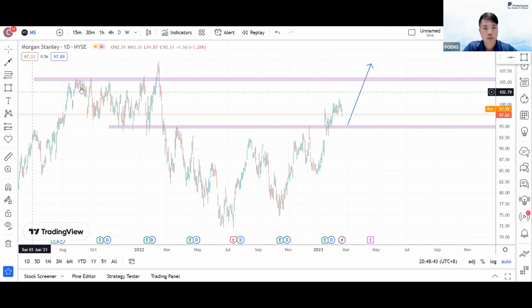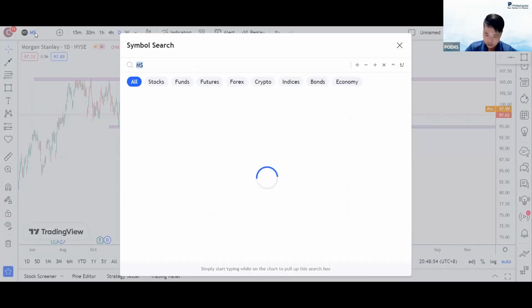Because previously that's where it started to form the range. So let's see if it does tap and hold above the 95. There's a high probability that it will go up to the 105 level for Morgan Stanley.